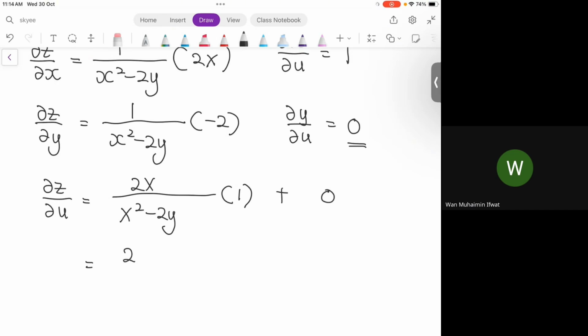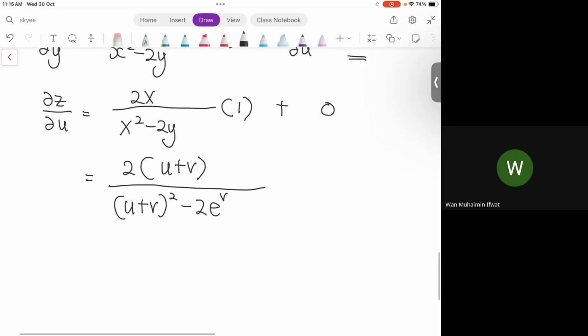So 2x is u plus v, divided by u plus v squared minus 2y, where y is exponent v. You can just leave your answer in this way. So this is del z del u. Next, am I too fast?